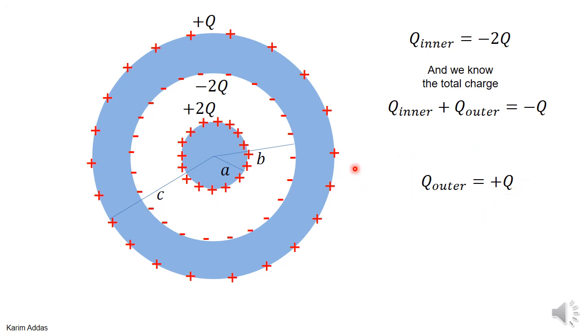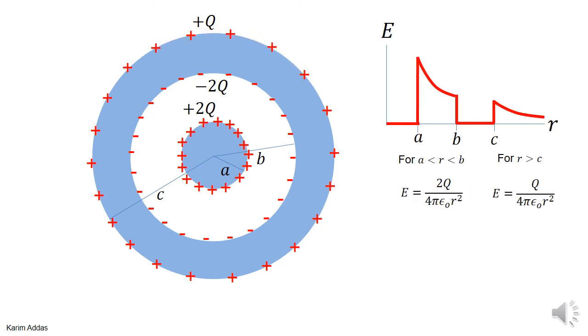And that's again the reason why in the beginning I put the charge on the outer surface to be plus Q. Okay, so this is a summary of everything in the problem. The charge on the inner spherical surface is 2Q, given, and we just proved that the charge on the inner surface of the spherical shell is minus 2Q, and the charge on the outer spherical shell surface is plus Q. To check, we can add these two.